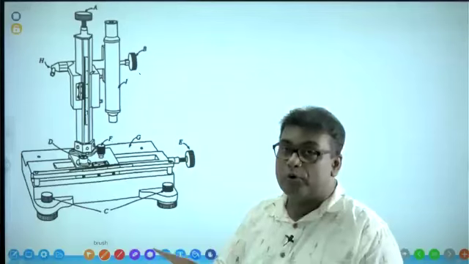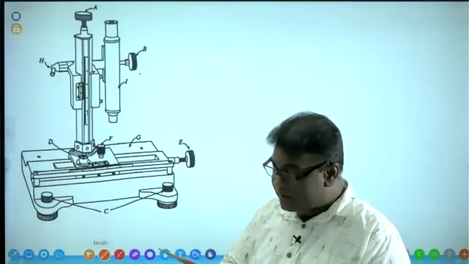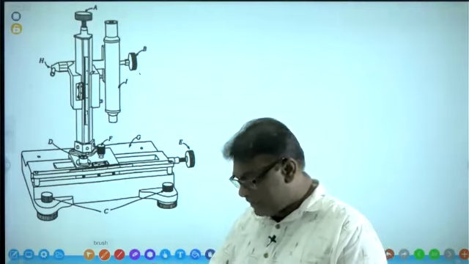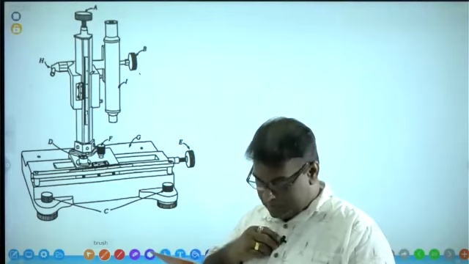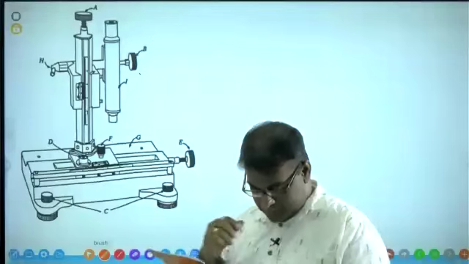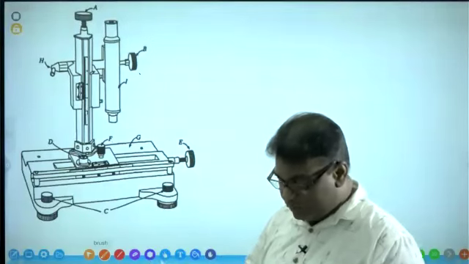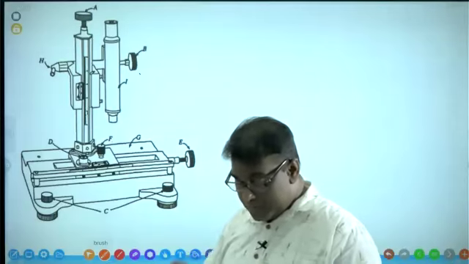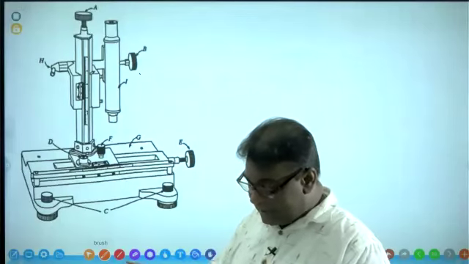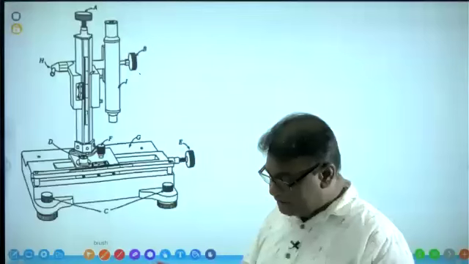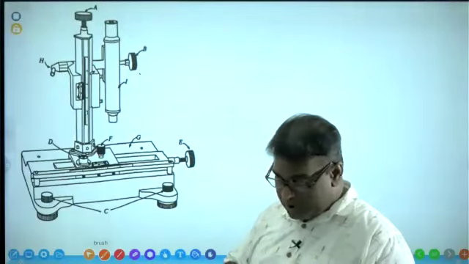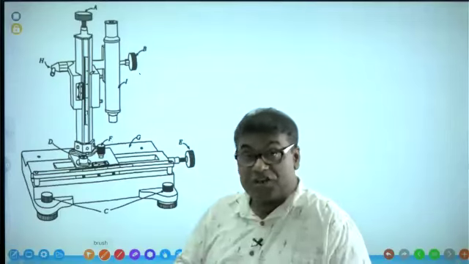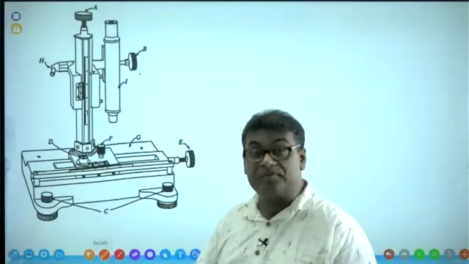What is the letter to maintain the leveling process and the name of it? Okay, the traveling microscope won't be inclined, no? So the letter is C. Yes, C. And the name of it, leveling screws. Right, Roman 3. Mention the letter and the name of the device used to check whether the entire traveling microscope is leveled.